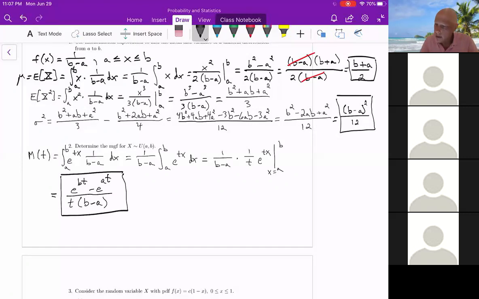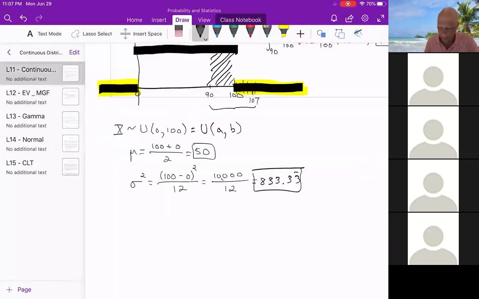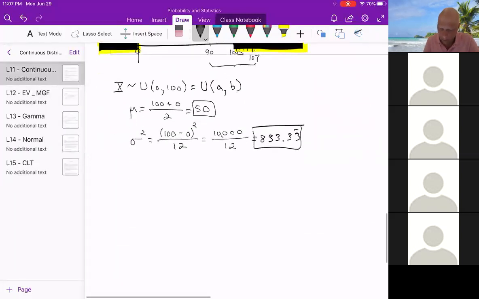So just to apply it to, again, the problem in our last handout. Here, our MGF is going to be e to the 100t minus e to the 0t, which is 1, over t times 100 minus 0, which is 100.